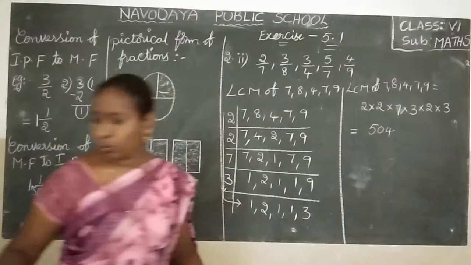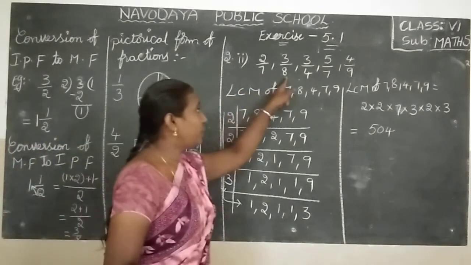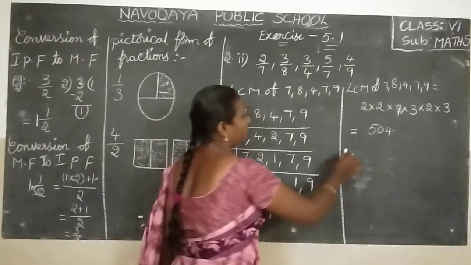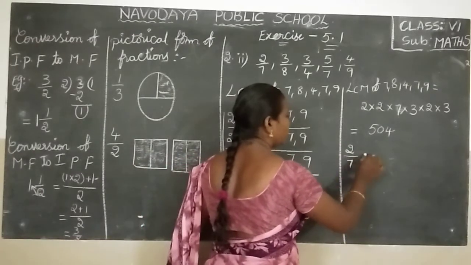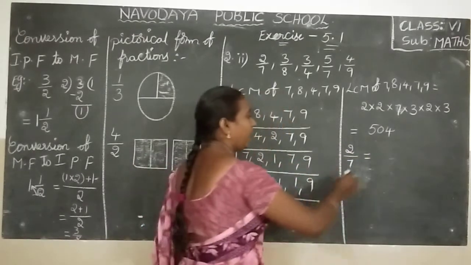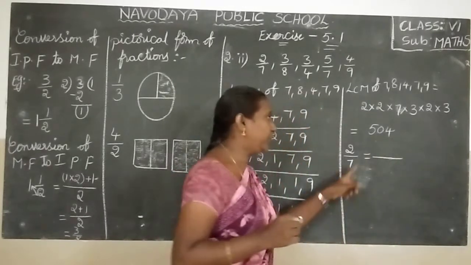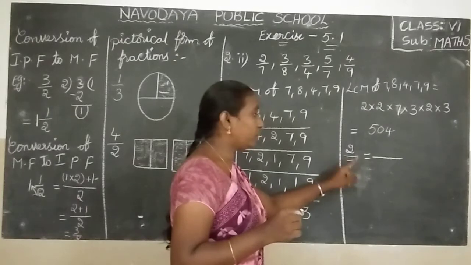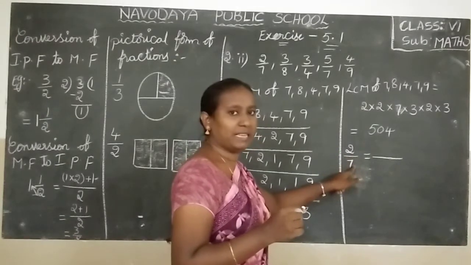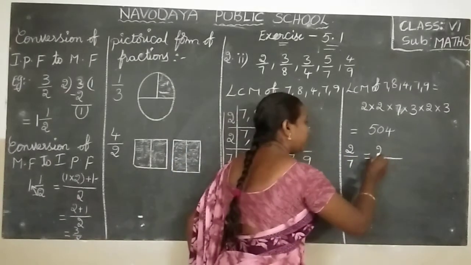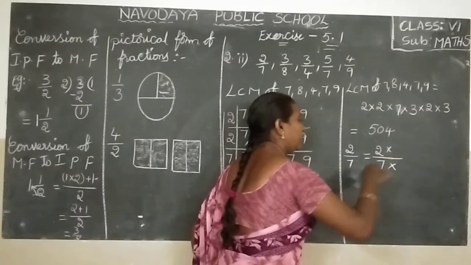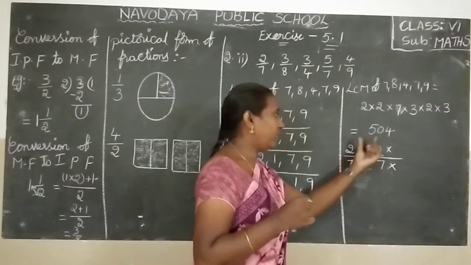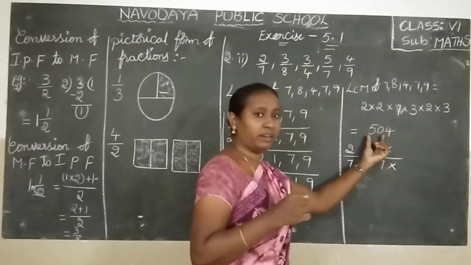Now we have to change all these denominators to 504. So take the first fraction, 2 by 7. We have to convert the denominator into 504. By which number do we have to multiply 7 to get 504?